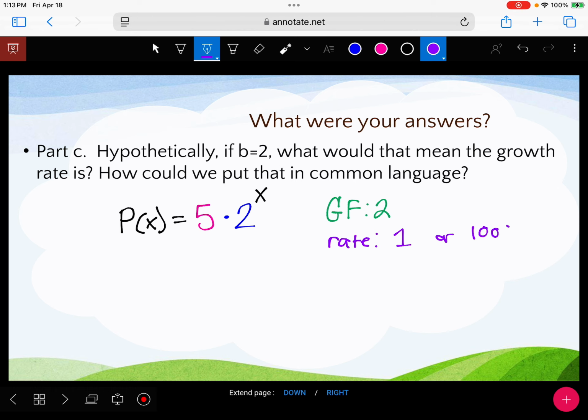It would be 100%. So it is growing by 100% per week. Or what's another way we could say this? It's doubling.